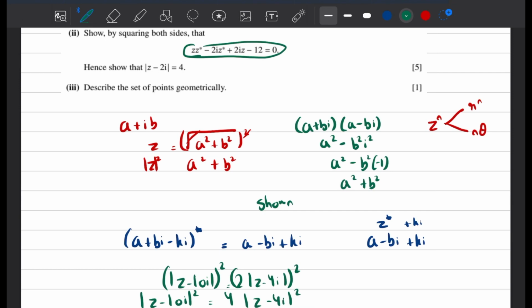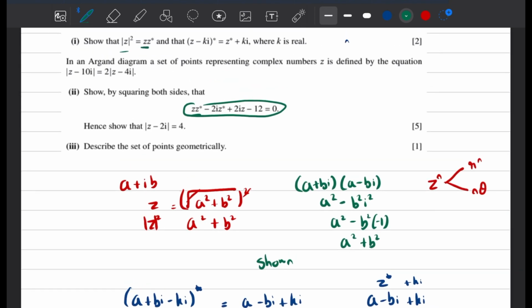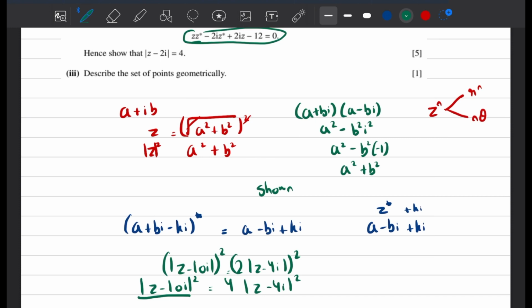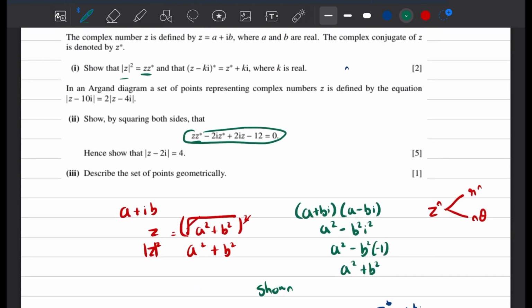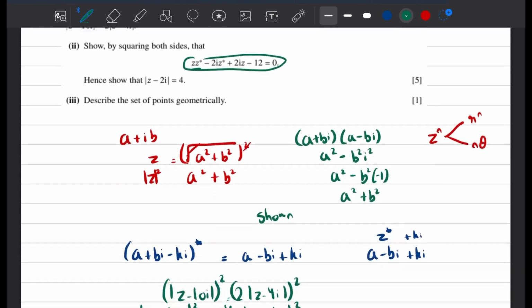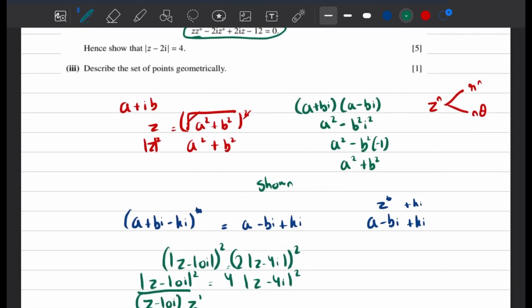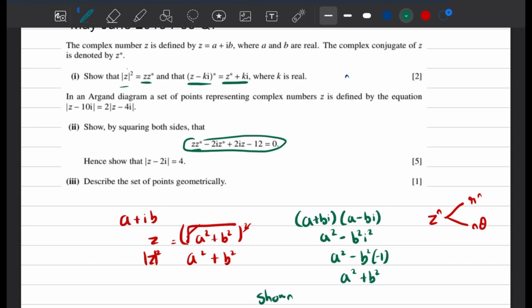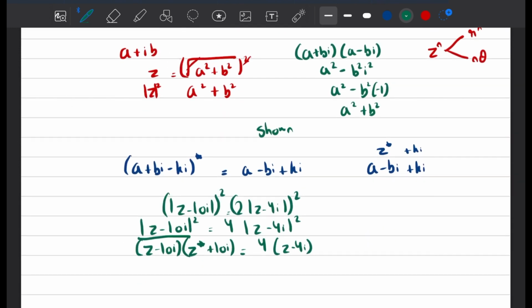Now, bache, what did we say about z whole square? It was z and z conjugate. That means z is z minus 10 iota, and for the conjugate of z minus 10 iota, it's going to be z conjugate plus 10 iota. So z conjugate plus 10 iota, do you get this? Is equal to 4 z minus 4 iota. Z square was z times z conjugate, so you write z as it is.